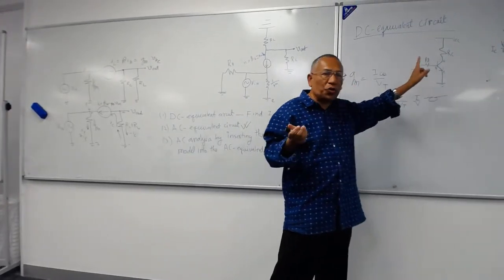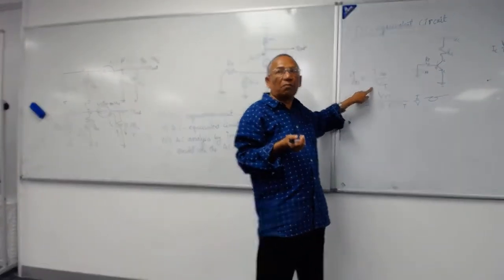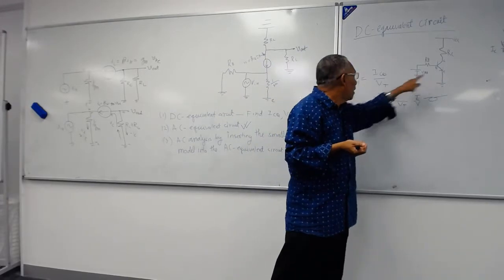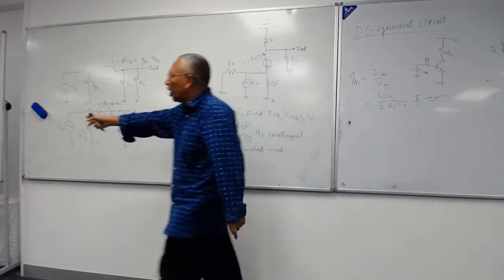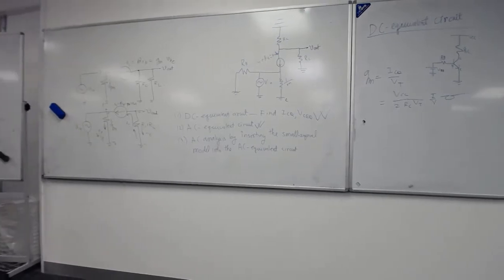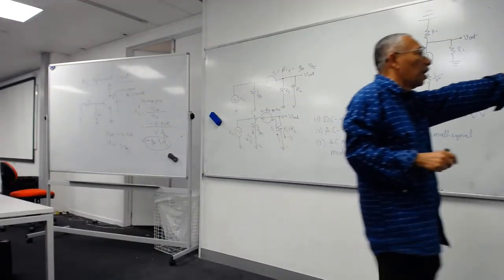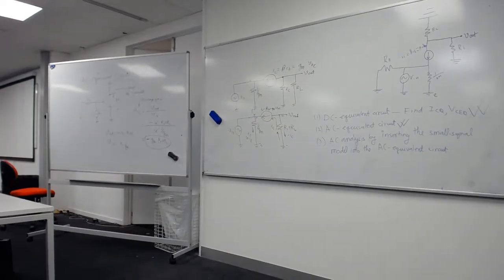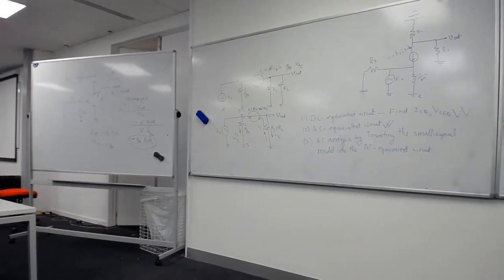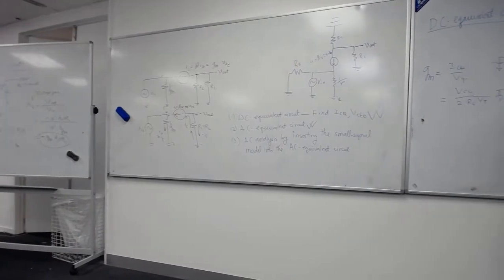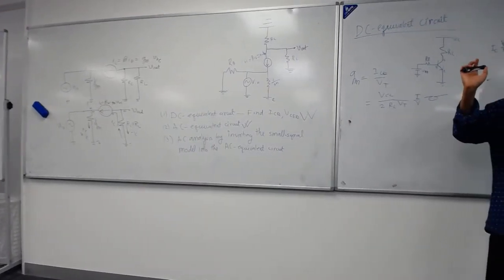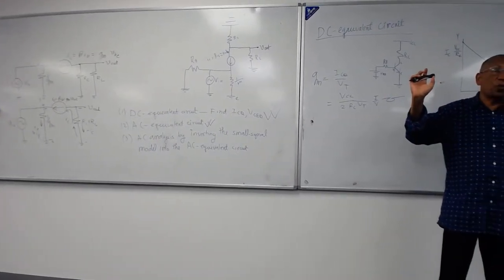No matter what you change, if I put a resistance here, this is not going to change, but this is going to change. This gain equation will change if I put a resistance here, but this one is never going to change. Okay, some equations never change. Some equations will change.